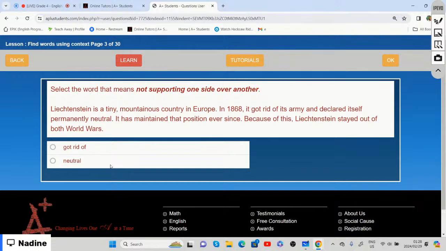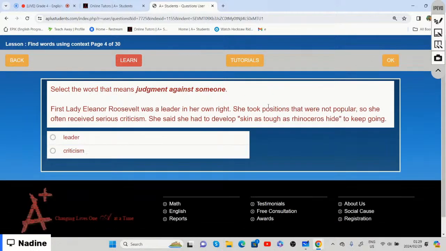This mountainous country in Europe got rid of the army and became permanently neutral. They basically stayed out of the world wars, meaning they did not favor one side over the other, which means they were just neutral. Yes, well done. Option two, neutral, is correct.